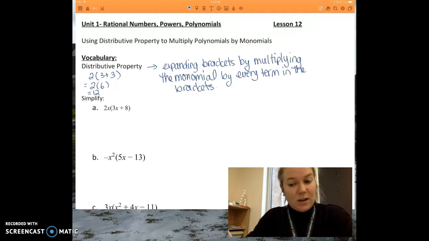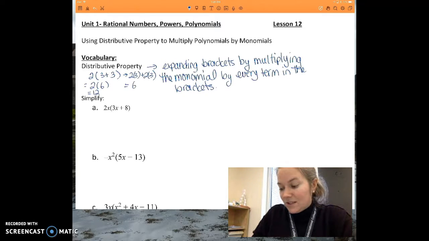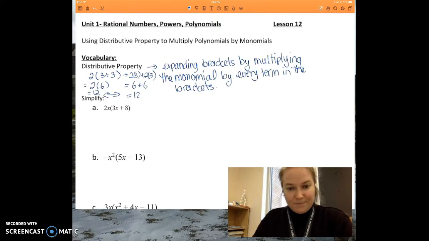We would not get 12. But if you multiply the 2 by every number in there, you get 2 times 3 plus 2 times 3, which is 6 plus 6, which gives you 12. Notice that those are the same. So that's the correct way to take the brackets out when you've got a multiplication question.